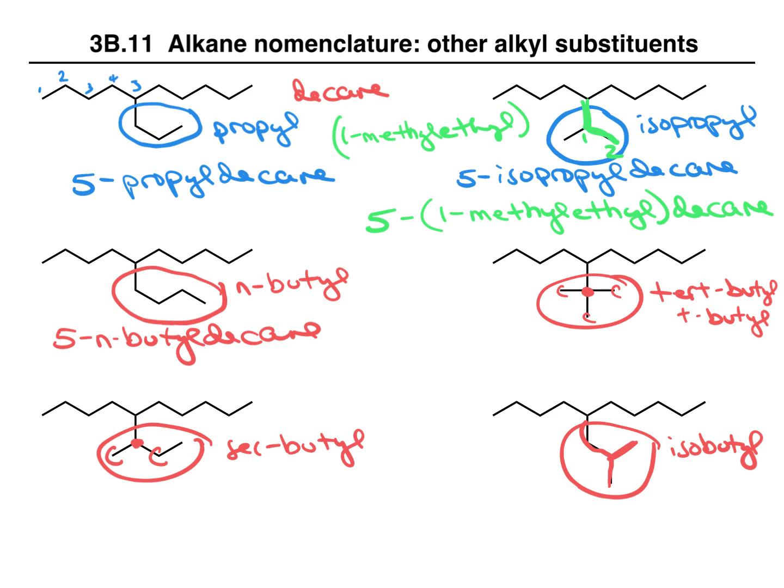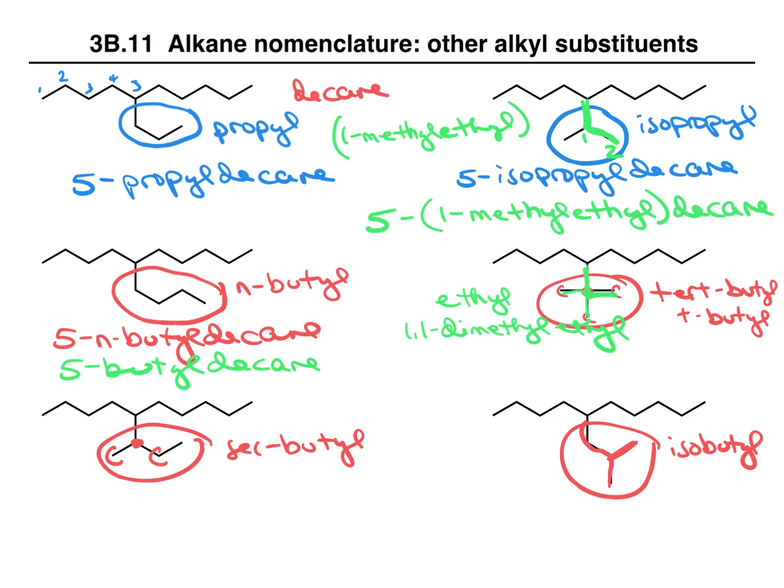If we go with the straight IUPAC, then this would just be 5-butyl decane, because remember the n goes with the common name. So we wouldn't include the n if we were going completely IUPAC. So this would be 5-butyl decane. Okay, now this one. We would call this our ethyl branch, and then we have 2 methyls. So 1,1-dimethyl ethyl is the name of the branch.